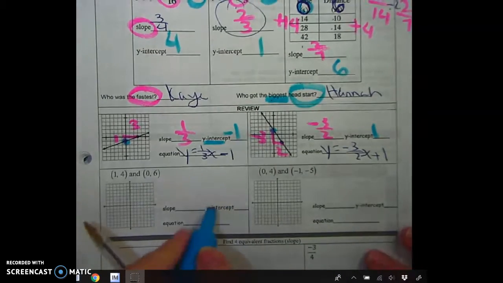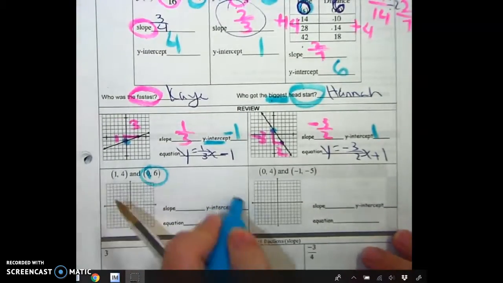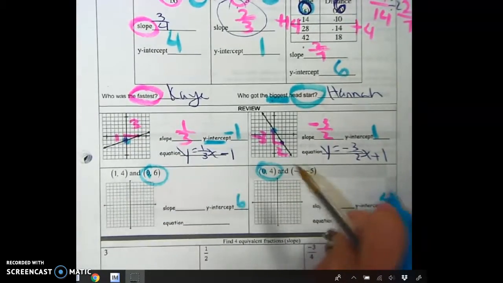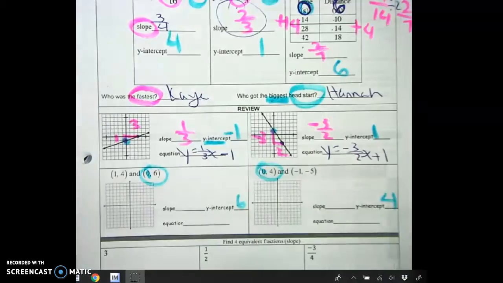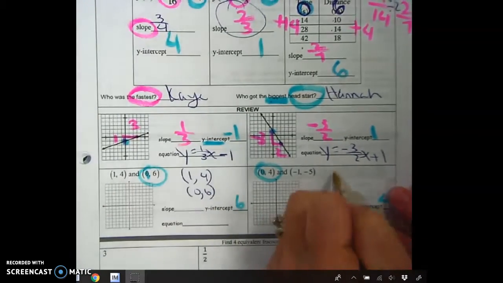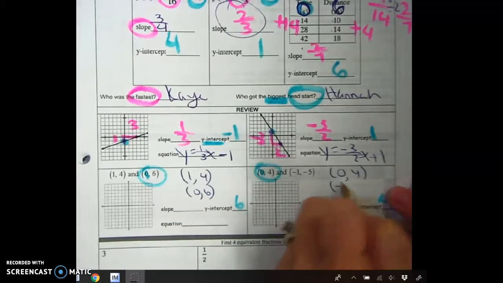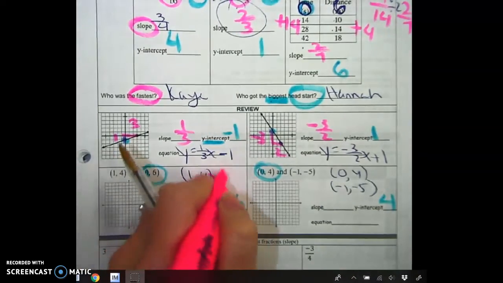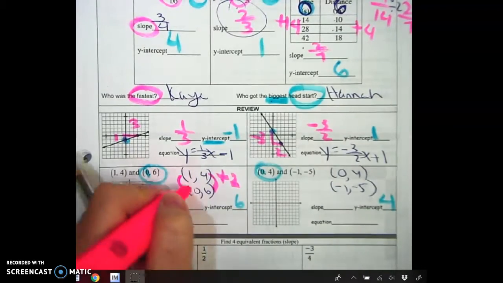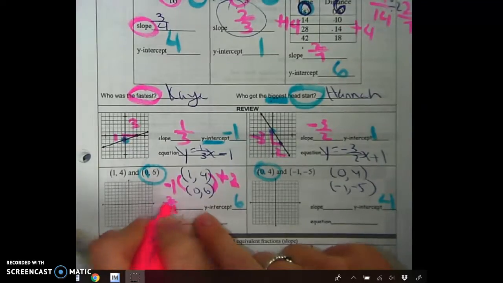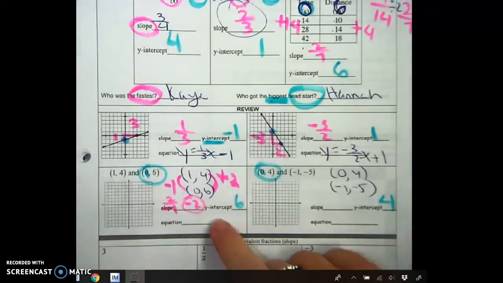So my y-intercept is with the 0, 6. My y-intercept is with the 0, 4. To get my slope, I'd put the 2 points. I look here, it is getting bigger by 2, smaller by 1. 2 over -1 is -2.